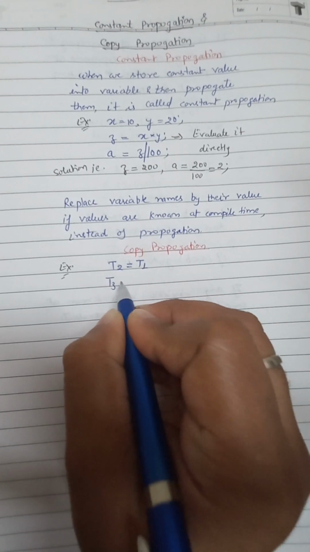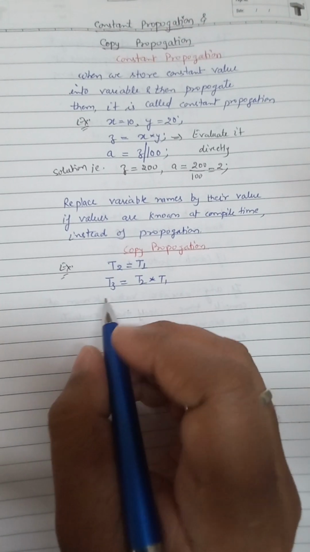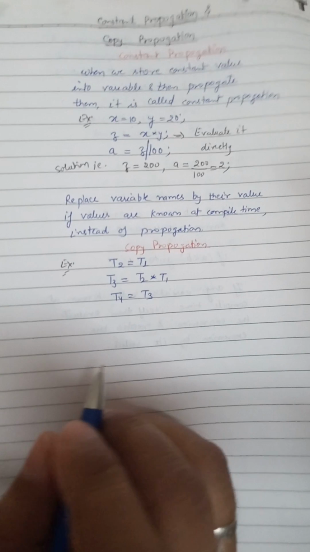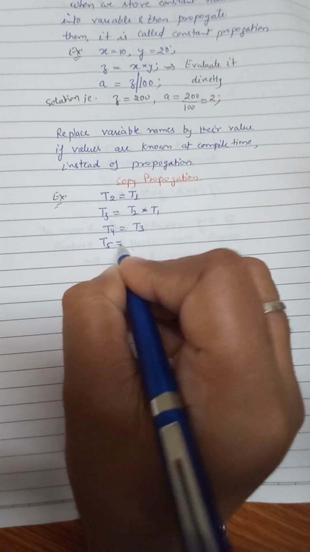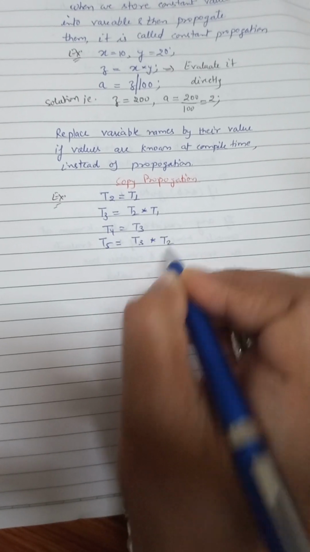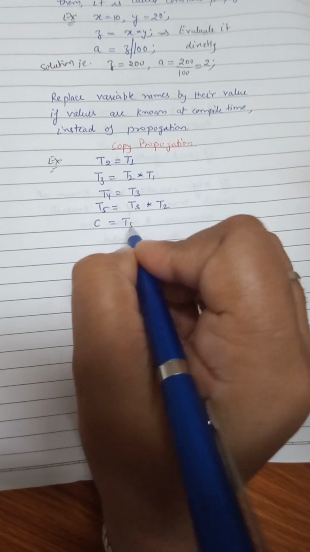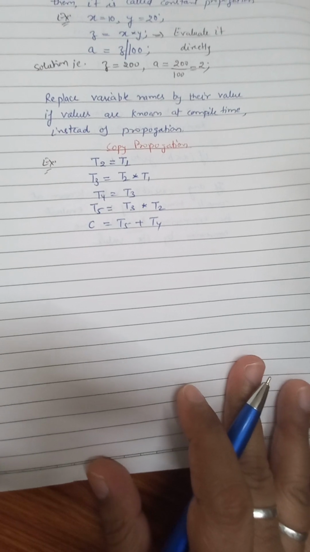Then I am assigning t2 into t1 to t3. Then I am assigning t3 value to t4. Then I am taking another variable t5, in which I am doing t3 into t2. Then I am taking another variable c, in which I am doing t5 plus t4. Suppose this is a code.